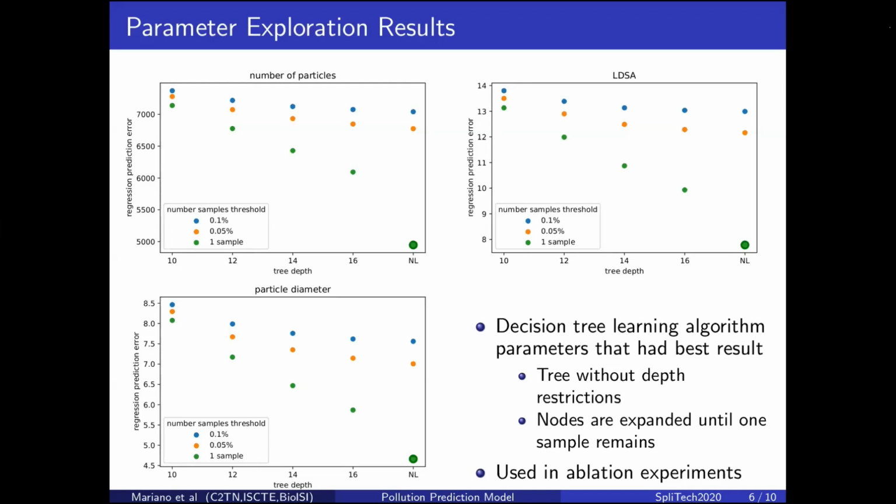Another note is that if you look at the regression prediction error, and if you compare with the histograms, we can see that the error is 1% of the range of the entire collected sensor values, which also is indicative of how well the models are predicting the pollution values.